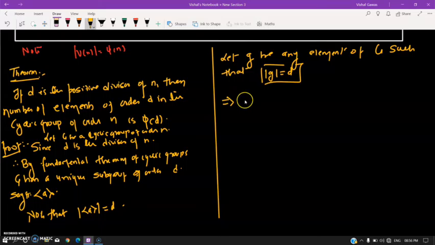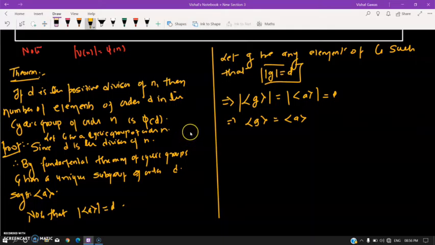This would imply that the order of the subgroup generated by g is the same as the order of the subgroup generated by a. So this would imply that these are equal, because this is a cyclic group. Therefore there would be a unique subgroup of order d. This would mean that g must be inside the subgroup generated by a.